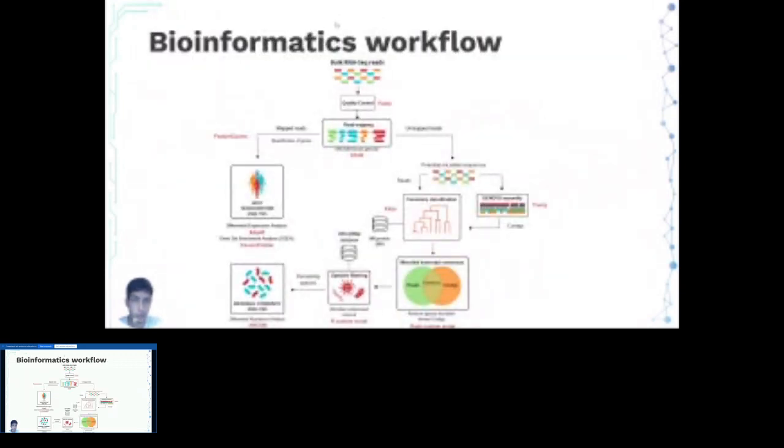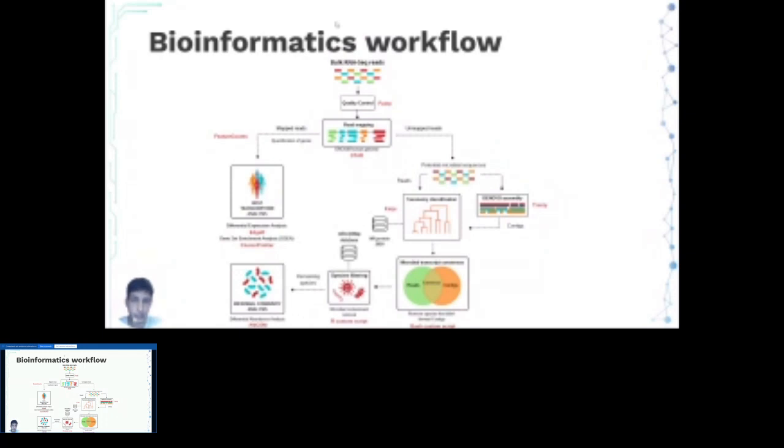Regarding the bioinformatics workflow, basically our pipeline used the information from these unmapped reads and performed a taxonomy classification to identify the potential microbes that can be present in the samples. After this taxonomy classification, we conducted two more filtering steps, basically to remove spurious associations or spurious classifications, and also to remove potential contaminant sequences that can be present in the blood.